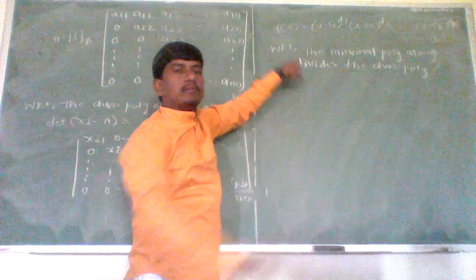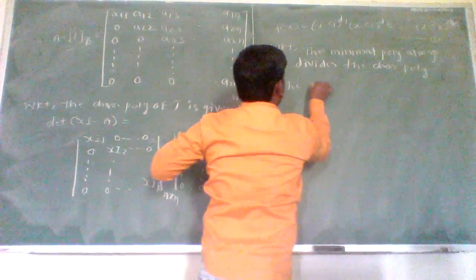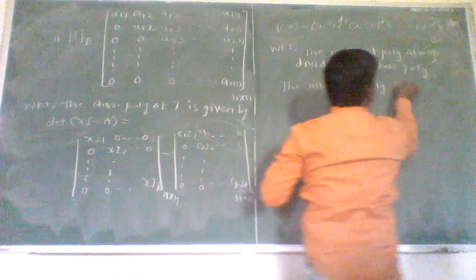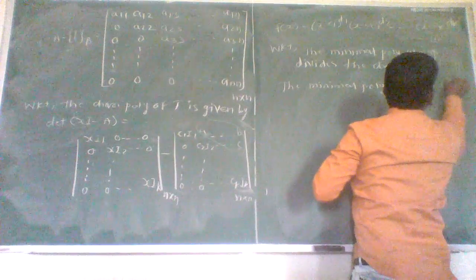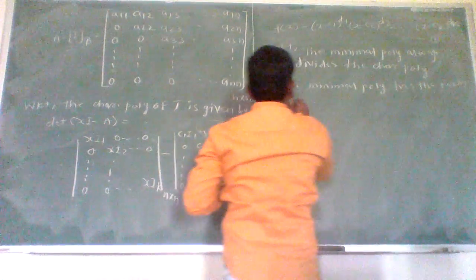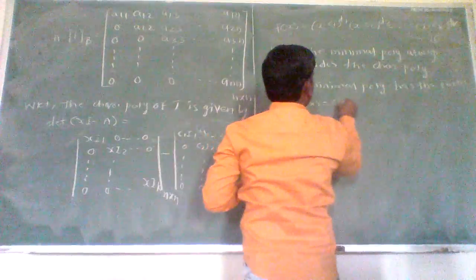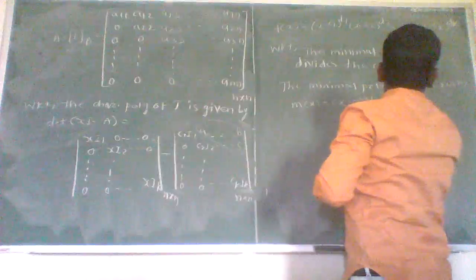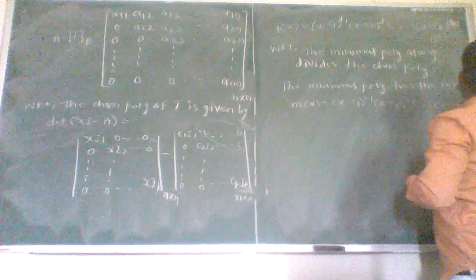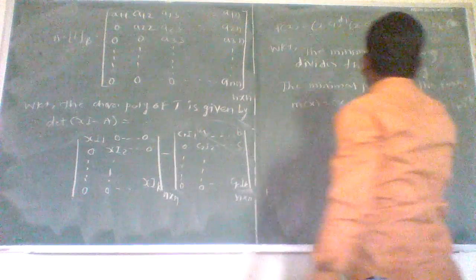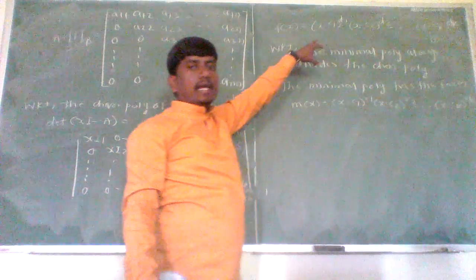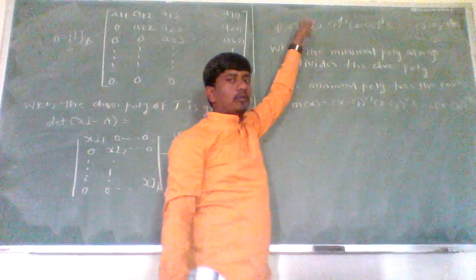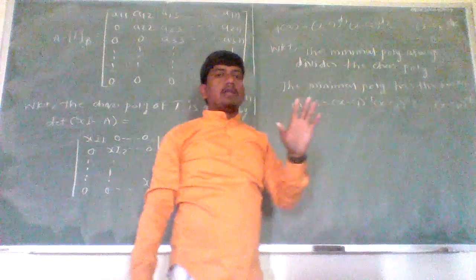Therefore, from these two theorems, the minimal polynomial has the form m of x equal to (x minus c1) to the power r1, (x minus c2) to the power r2, up to (x minus ck) to the power rk, where each ri, for i from 1 to k, is less than or equal to di, since the minimal polynomial and characteristic polynomial have the same roots except for multiplicity.